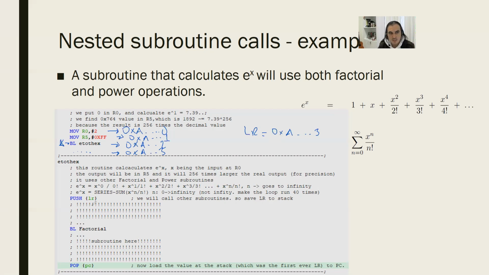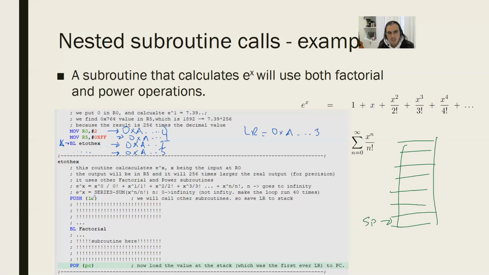But what I do is, before I do anything in this function, I push the value inside LR to the stack. So I draw the data memory here as well. Let's say this is the data memory, and there is nothing in the stack. It's empty now.